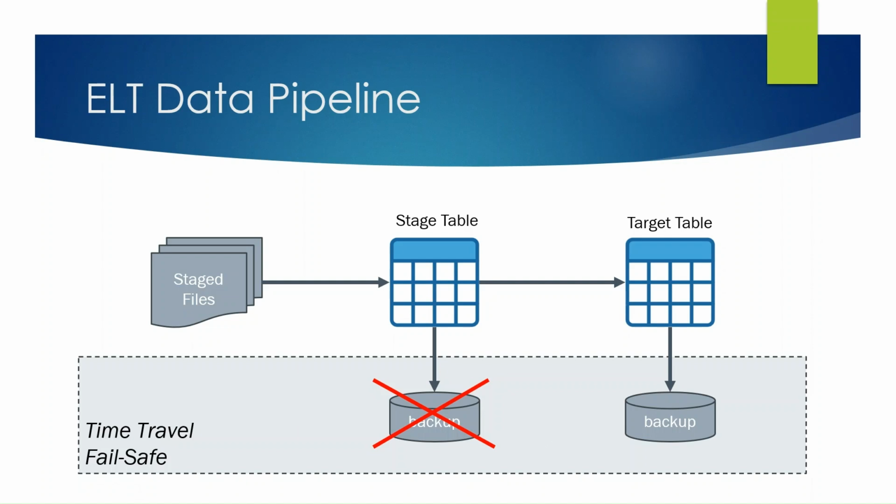From this table, further, you have to apply some transformations into the permanent target table. And yes, this target table will be queried by your data analysts and so on. And it may require time travel because it contains important data, and you may need a backup. Time travel and fail safe are just other forms of backup.